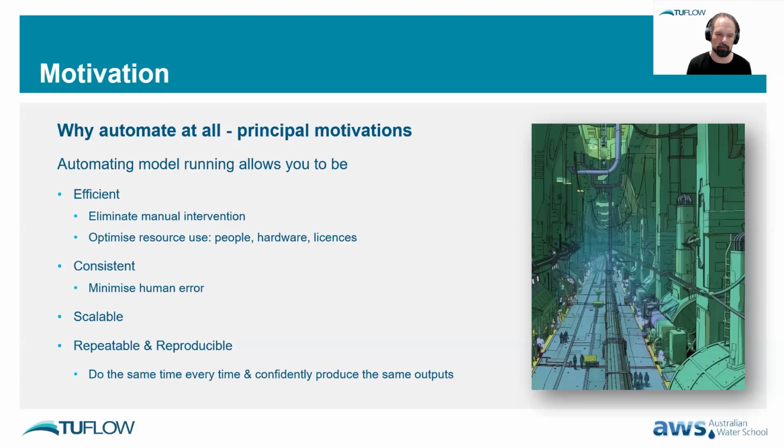But also it allows you to be reproducible, which is to say, to confidently produce the same outputs over and over again. And that's relatively important, especially in some of the fields where modeling plays an important role, where clients ask for almost byte for byte identical outputs. By automating, you make that job a lot easier as well.